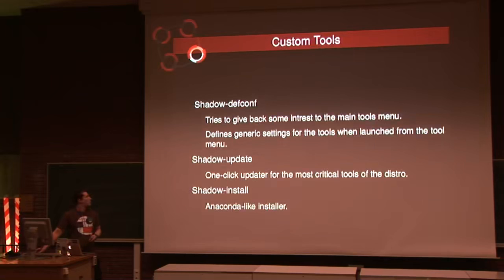So here is a little list of the custom tools we've been coding to integrate in the shadowcircle distribution. So the most important are shadow install, which is a PyGTK installer. It allows to install the distribution on hard drive if you don't want to run it anymore in live.